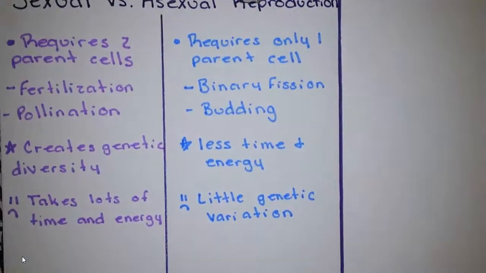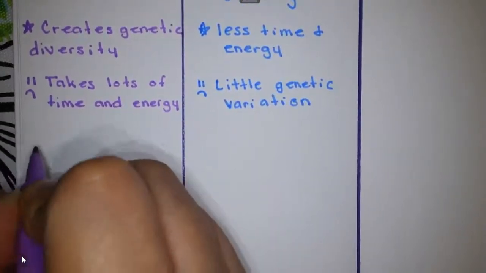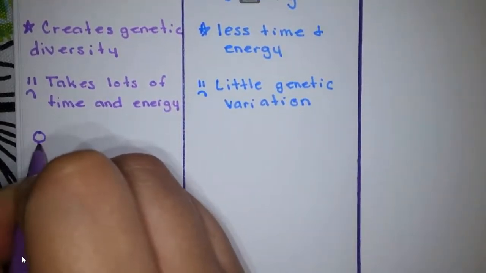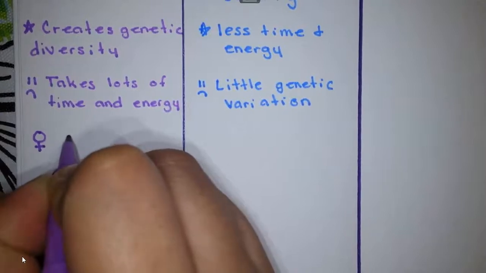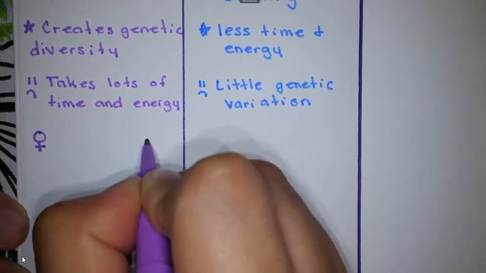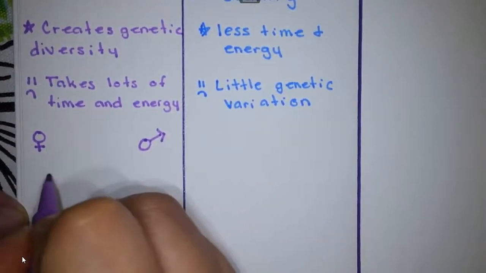Okay, so we've got our sexual and then asexual reproduction. So remember, for sexual, you do require two parents. So you're going to have the female egg and your male sperm.